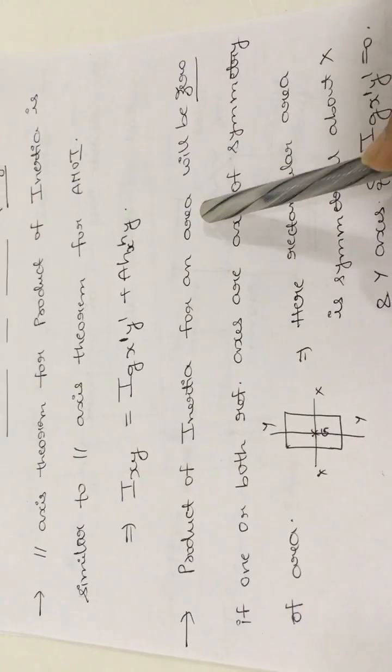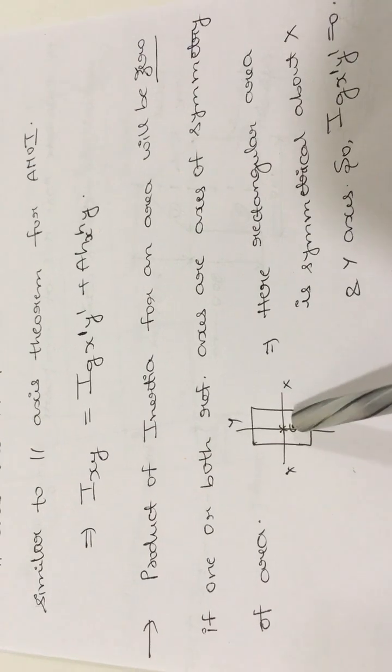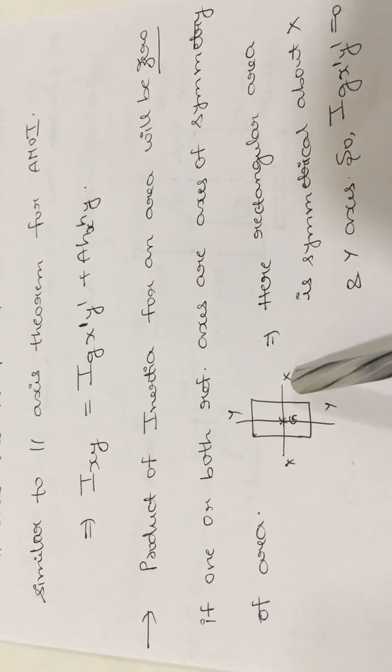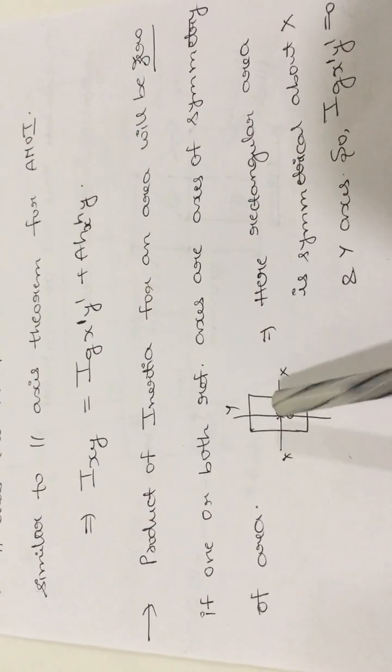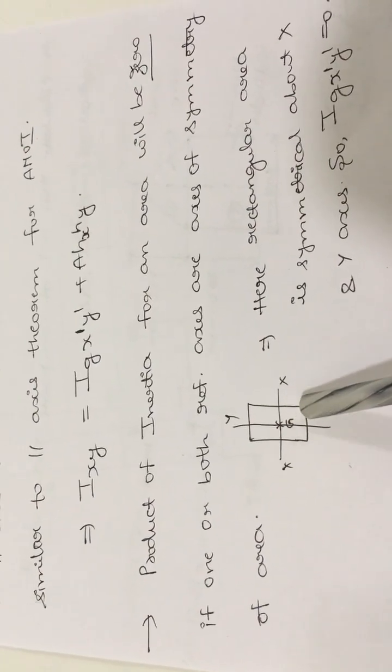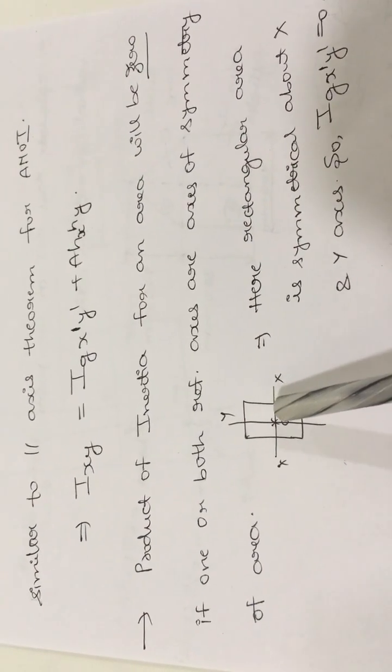Why it will be zero: the product of inertia of any area will be zero if one or both reference axes are axes of symmetry of the area. For example, if you consider any rectangular area, then here G point is the centroid of this rectangular area, and here x axis is the centroidal x axis, and here y is the centroidal y axis, and this complete rectangular area is symmetrical about the x axis as well as the y axis.